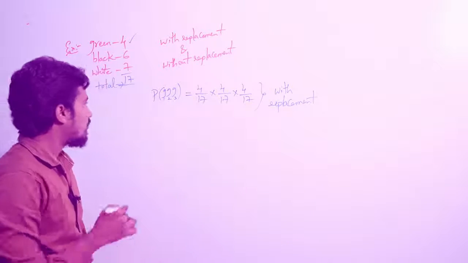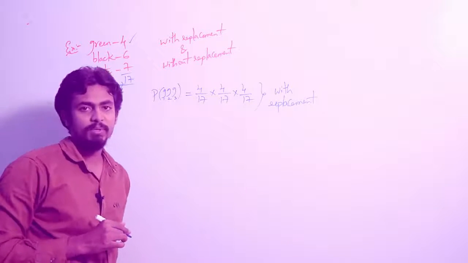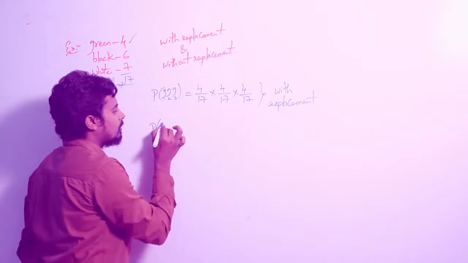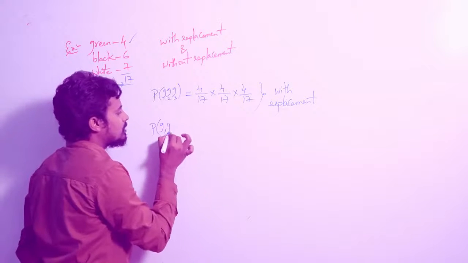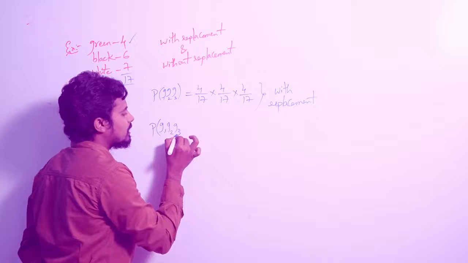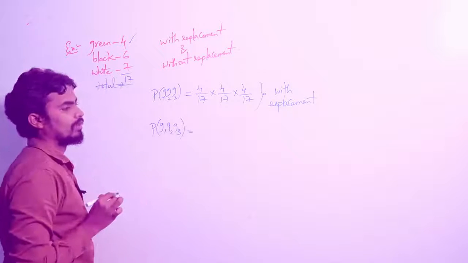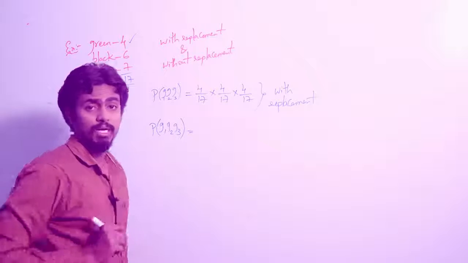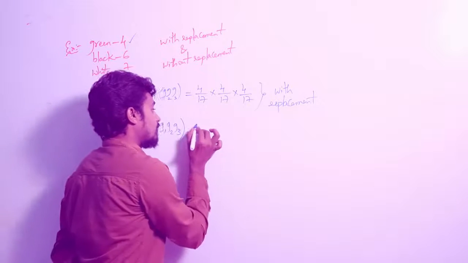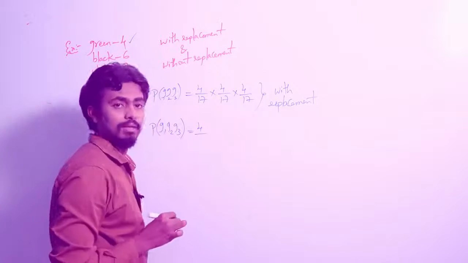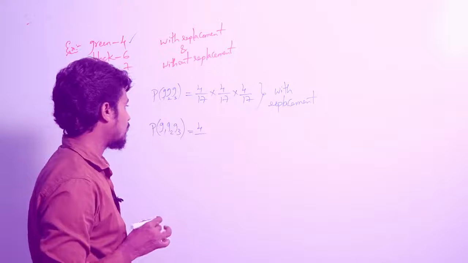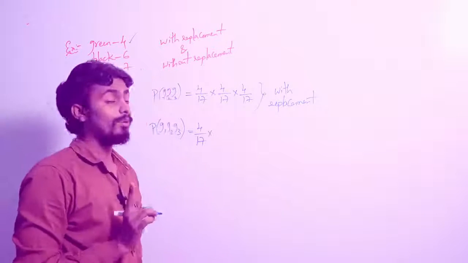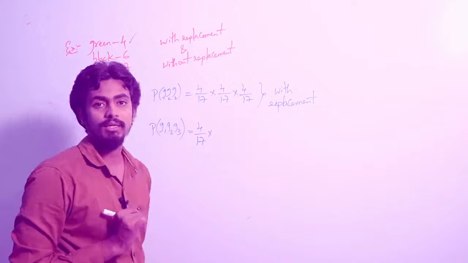With replacement. Next, we will see without replacement. That will be the P of G1, G2 as well as G3. What will happen? If I take one green ball, depending upon the total, that will be 17, and I can't replace it with another green ball.